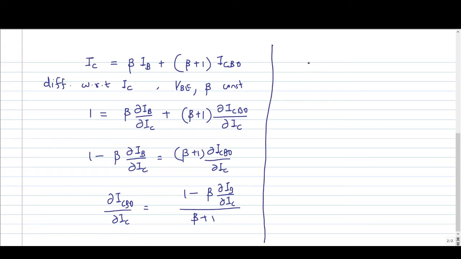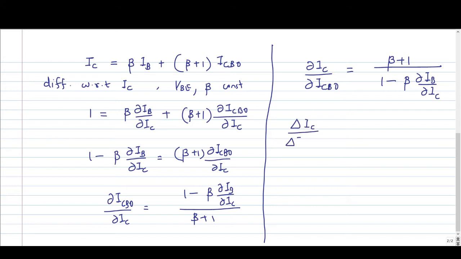Taking the reciprocal, dou IC by dou ICBO is beta plus 1 divided by 1 minus beta into dou IB by dou IC.